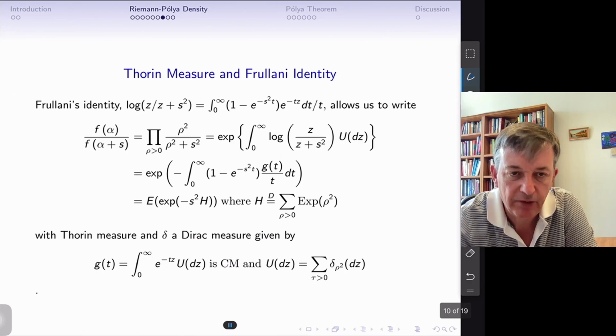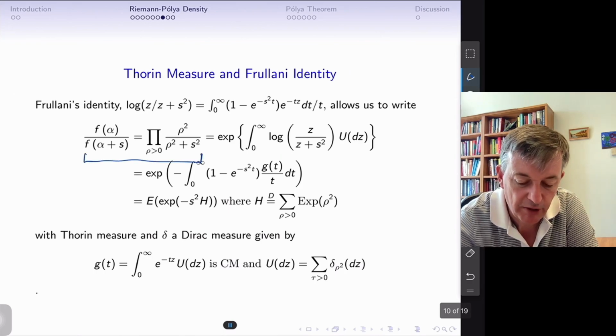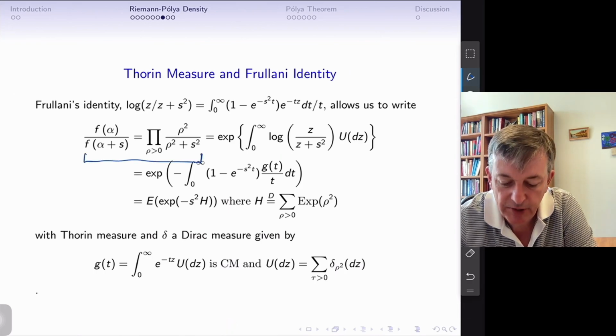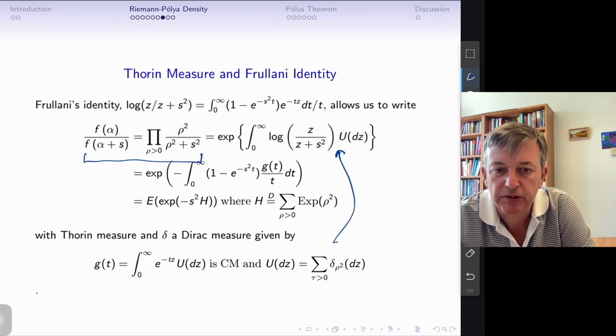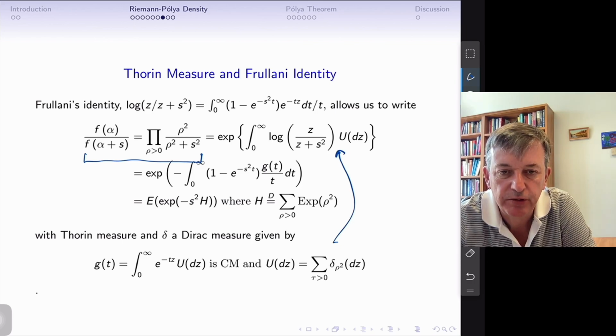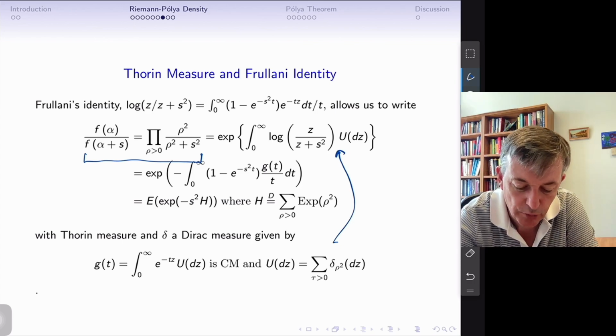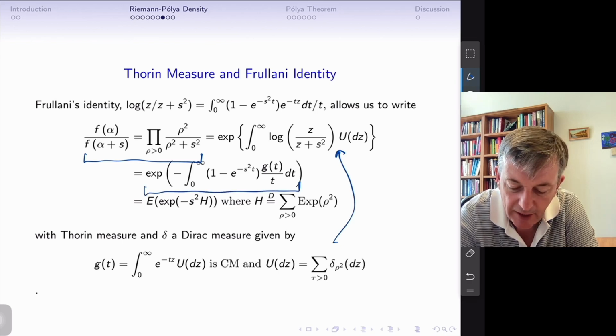How does one do that? So let's start with the ratio. Write it as an exponential integral with respect to a Thorin measure, which is a sum of Dirac measures sitting at those zeros. There's a duality between Thorin measures and Levy. So up here is Thorin. Here is Levy, Kolmogorov.